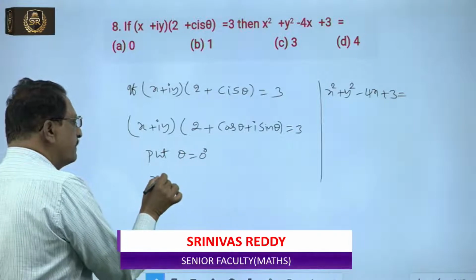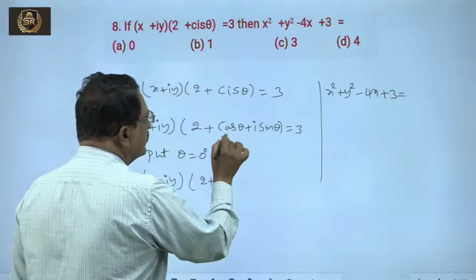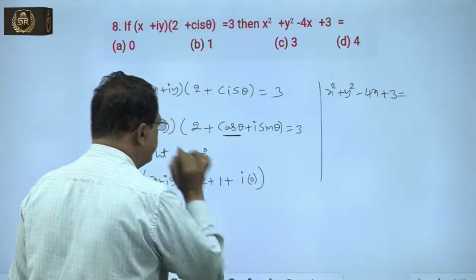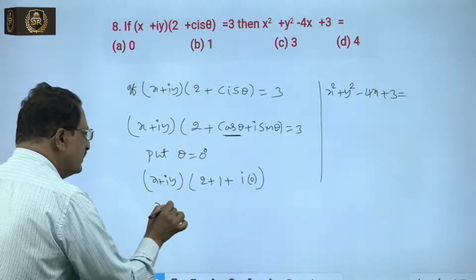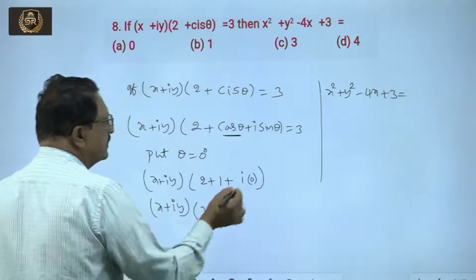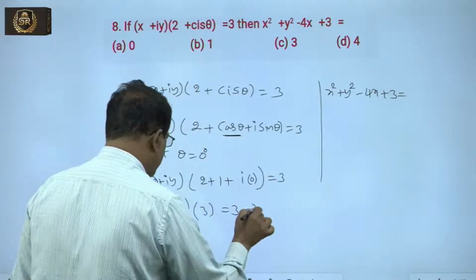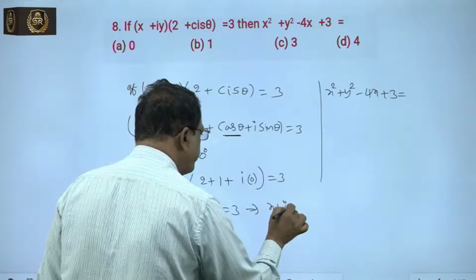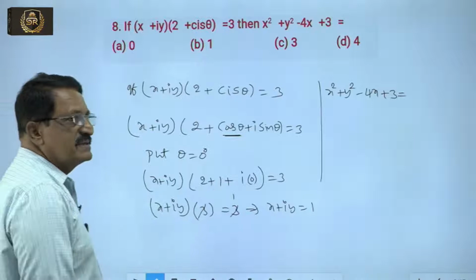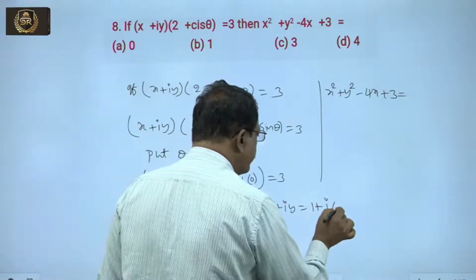Now (x plus iy) into (2 plus cos 0, which is 1, plus i into sin 0, which is 0). So (x plus iy) into 3 equals 3. The 3 cancels on both sides, we get x plus iy equals 1, which is nothing but 1 plus i into 0.